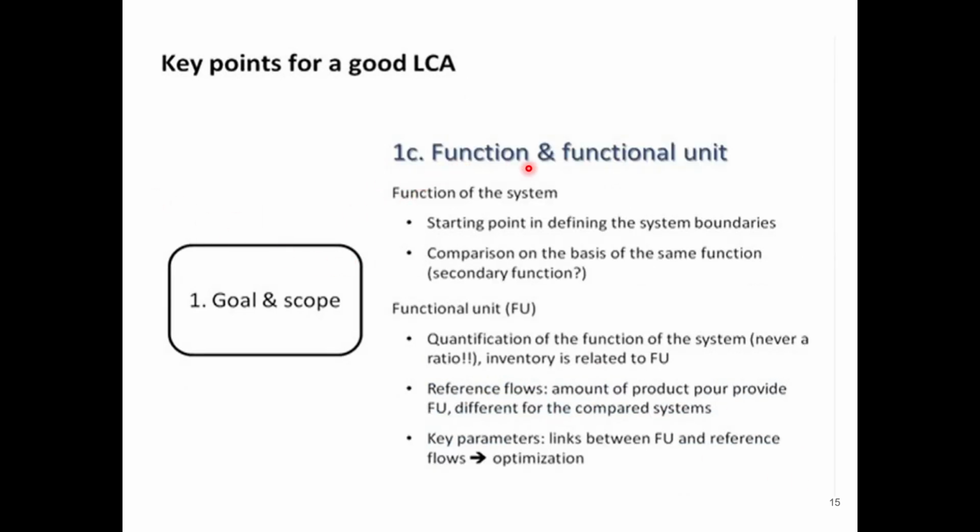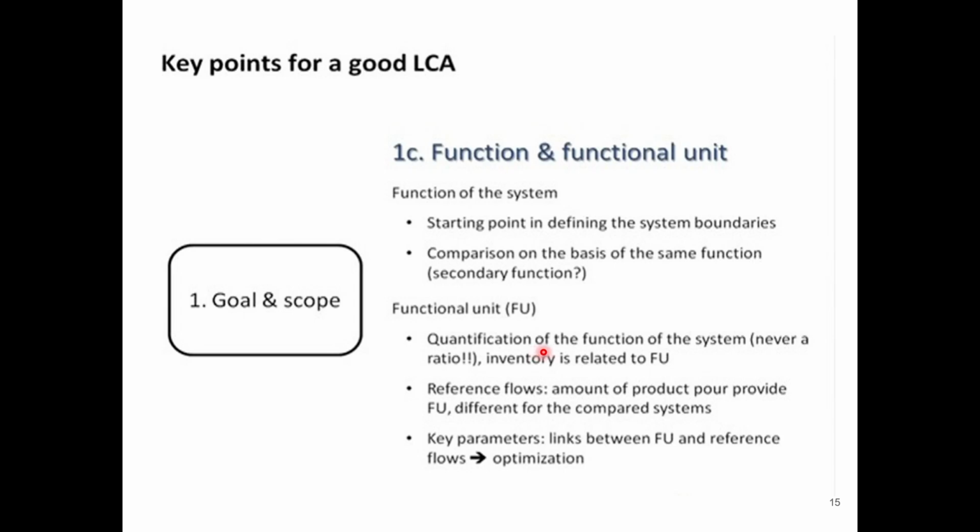The third part is function and functional unit. The function of the system is the starting point in defining the system boundaries, comparison on the basis of the same function, and it may be a secondary function. For representing that we have the functional unit, FU.